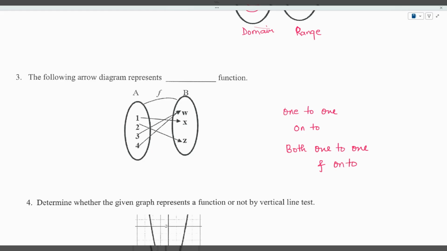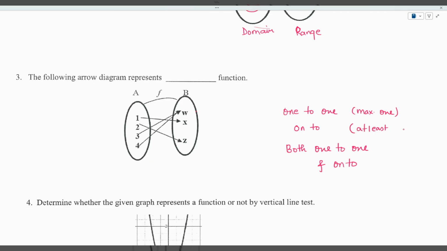What is the condition for a one to one function? For every element in B, there is a maximum of one element. For one to one, maximum one element. For onto, there is at least one element.